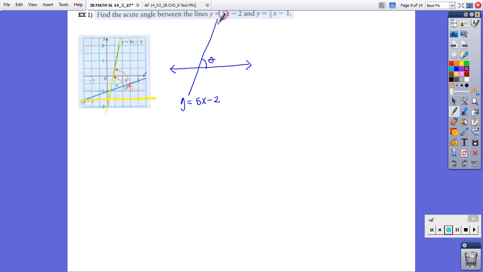So if I create any right triangle, then the ratio between the kind of like slope would be fine. This would be the delta y, and this would be the delta x. So the ratio between the y over x of this right triangle has to equal the slope.